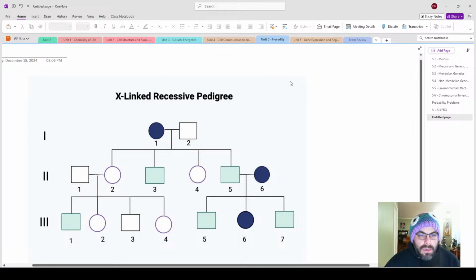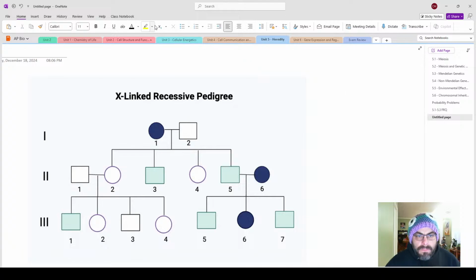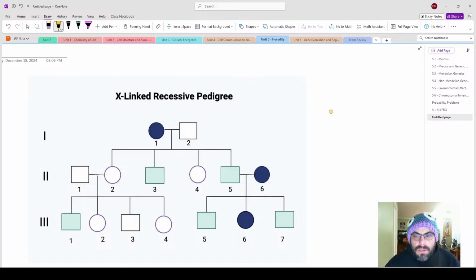It means that there are X chromosomes and Y chromosomes. And as far as we're talking about humans, the male is XY and the female is XX, right?